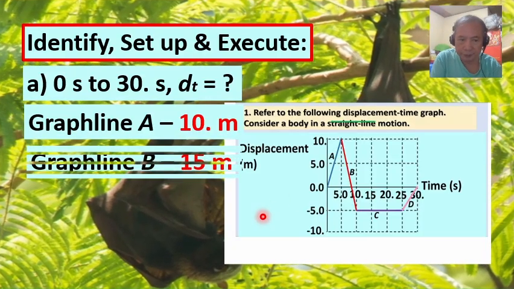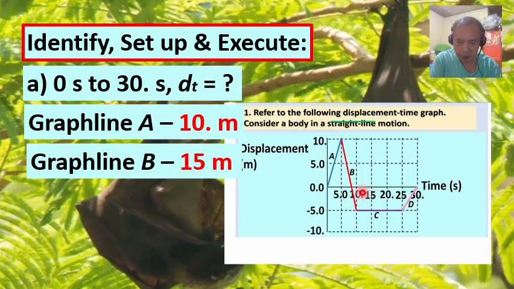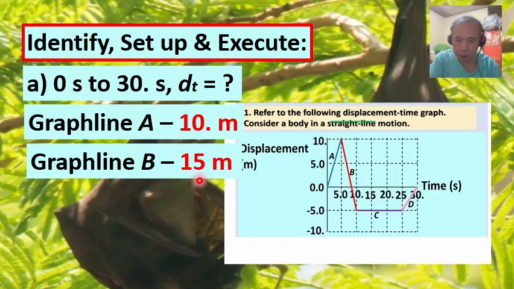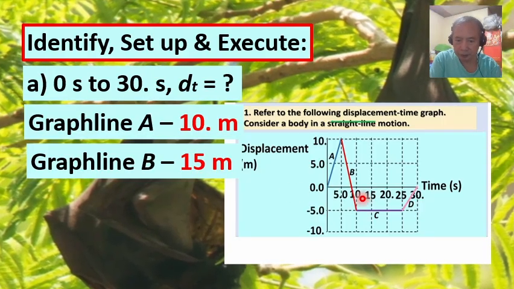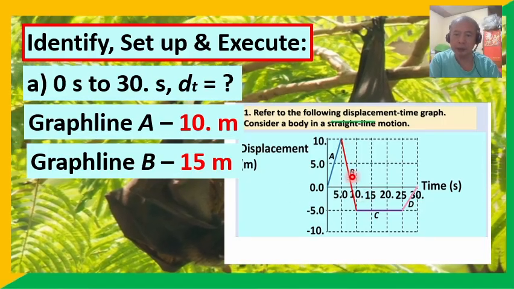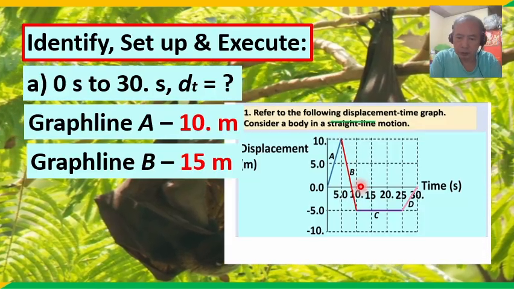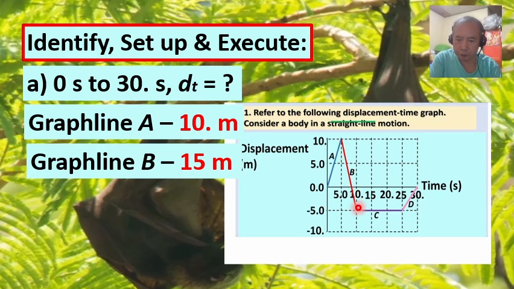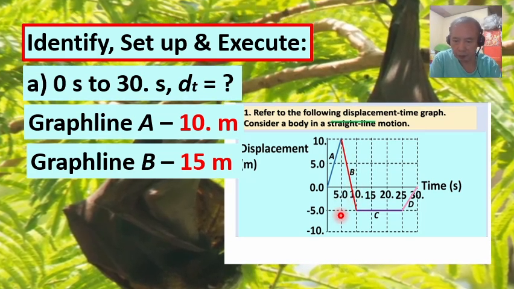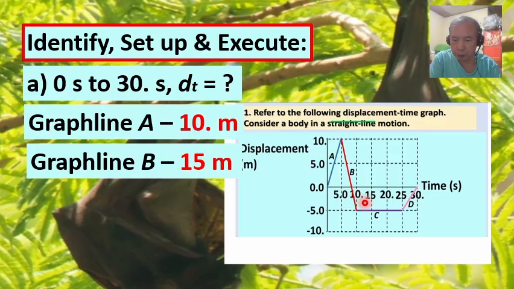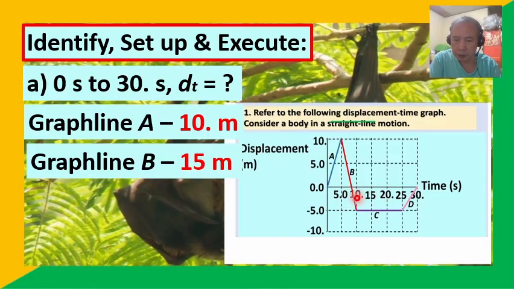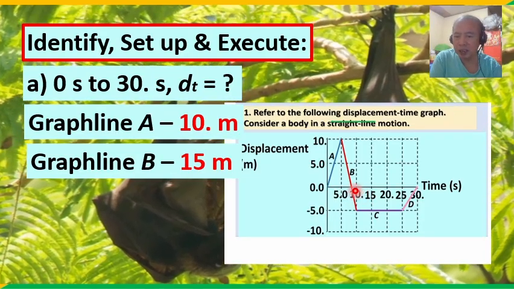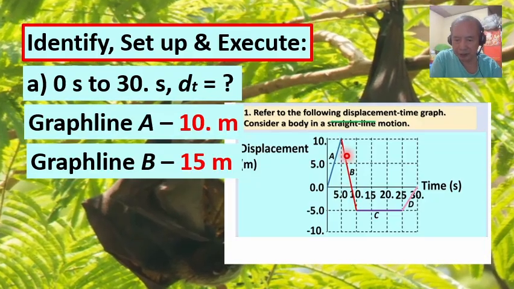And for graph line B, the distance traveled by the body is equal to 15 meters. In graph line B, the first part of the motion is from time 5.0 to somewhere between 7 and 8.0 seconds.